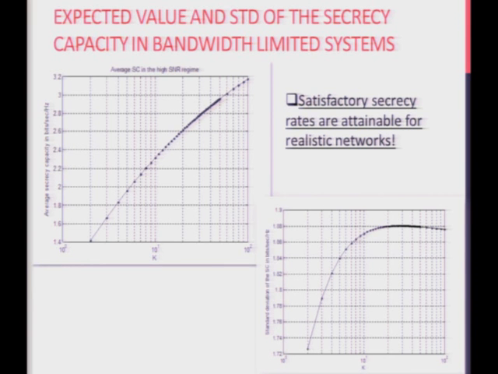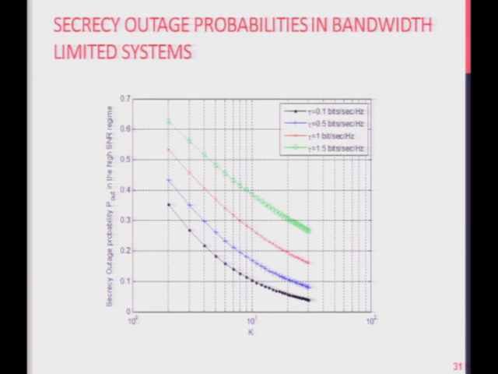We can transmit that much at a standard deviation of 1.88 bits. And the secrecy average probabilities here are much better. So for a small size network of 30 users, 93% of the time we can transmit half a bit in perfect secrecy, and 1 bit for 84% of the transmission frames. So this is the idea.